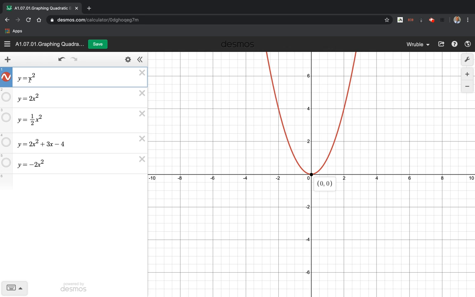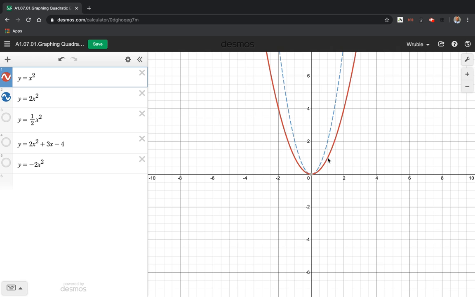Now we talked about the a value. The a value is the value that's in front of the x squared variable. In this case, we have a 2. In the parent function, we have an understood 1. We can see that this graph is a little bit more narrow. Basically what it does is it takes all of the y values and multiplies them by 2.